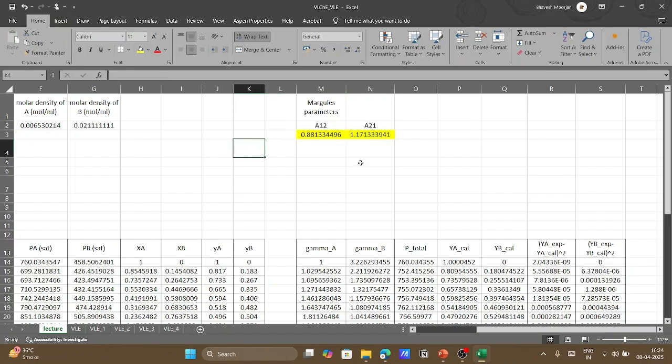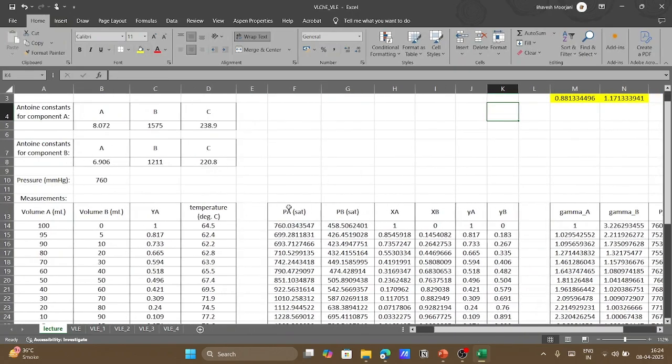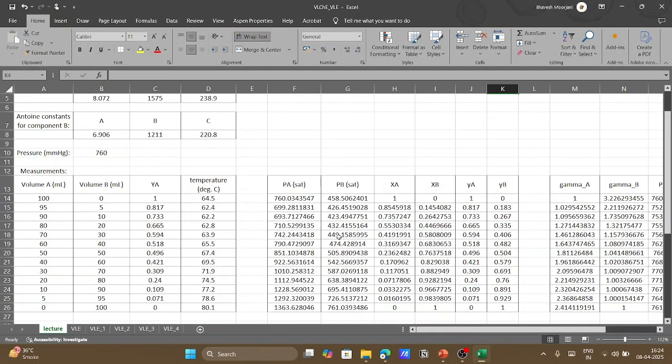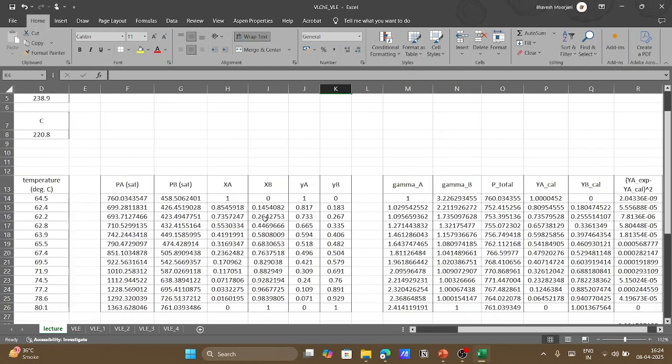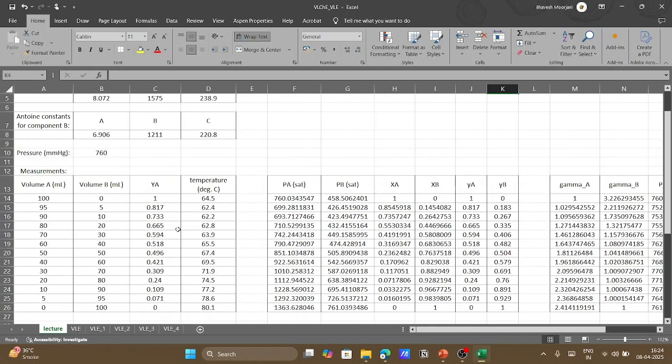So with the help of these parameters, I can select some other temperature value and compute the corresponding vapor fractions, provided that I know the initial composition, right?